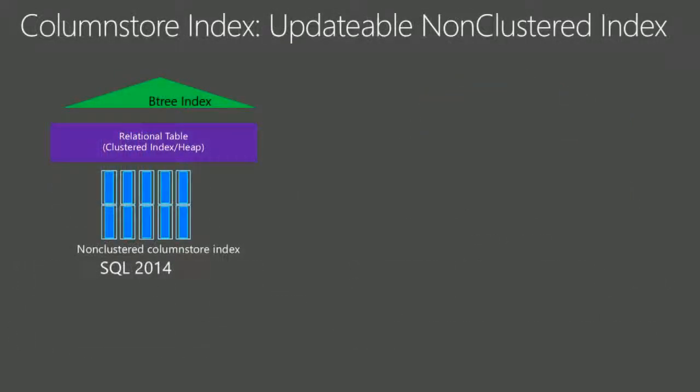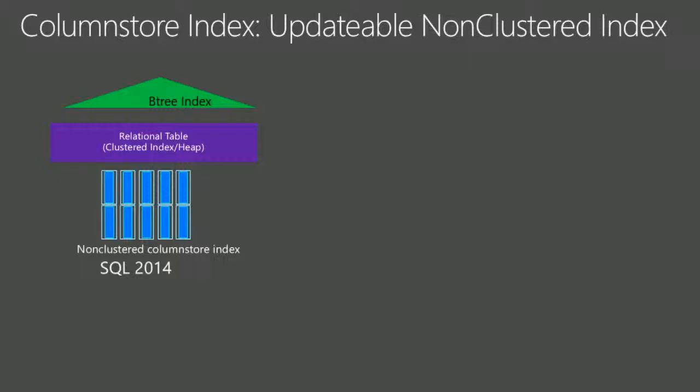Now, another thing, this is something I talked about in detail. I just want to show a slide for completeness. So what we had was, in 2012, you could create on a row store, which is your OLTP table, a non-clustered column store index. Okay. So I imagine that you guys may be getting mixed up.